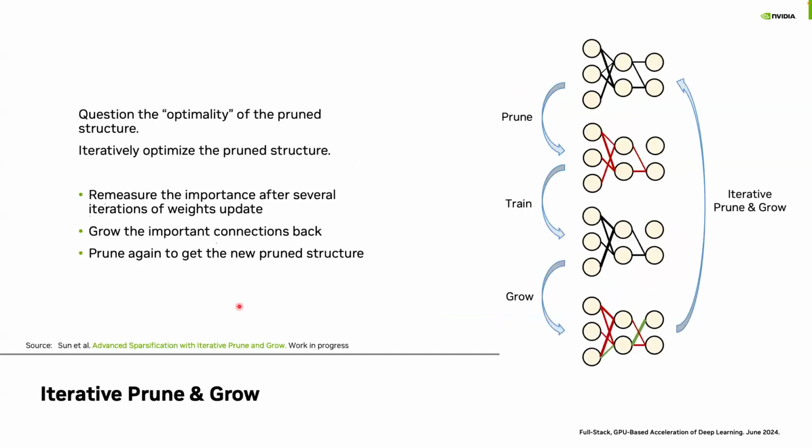And once that's enabled, we get the chance to question the optimality of the pruned structure. What we can do is, after we prune the model, train it for a few iterations, allowing the parameters to update, and then remeasure the importance of all the channels and let a portion of the pruned channels grow back.